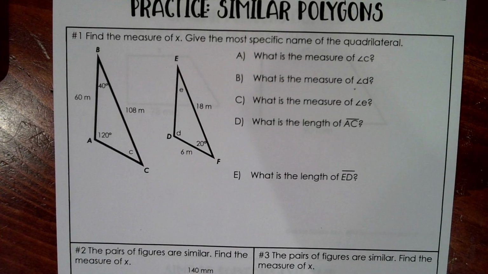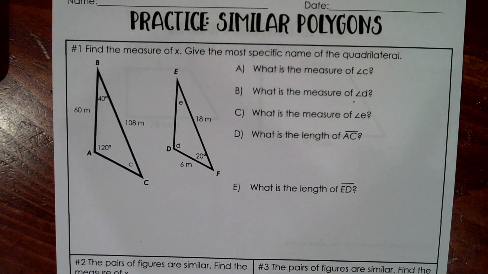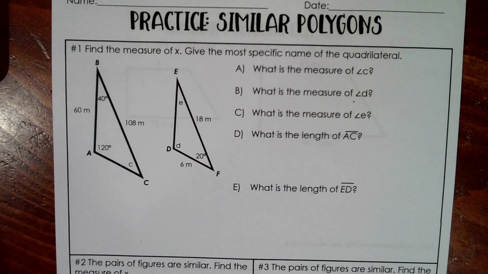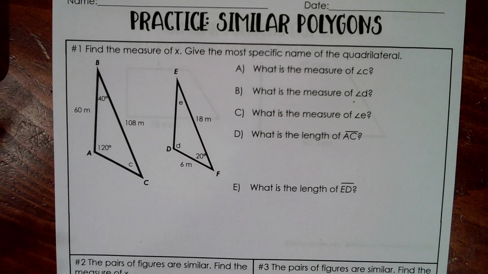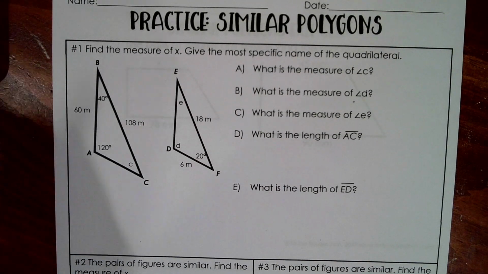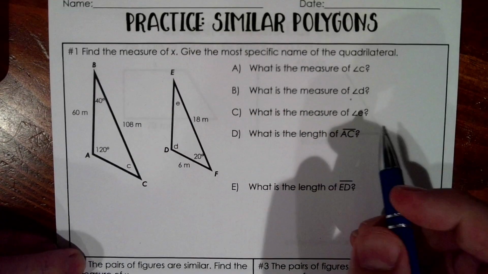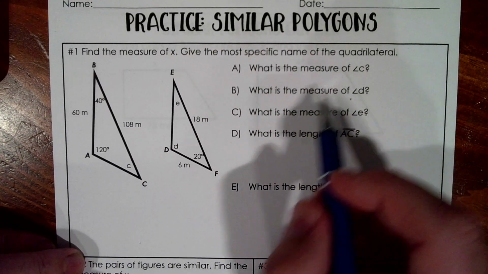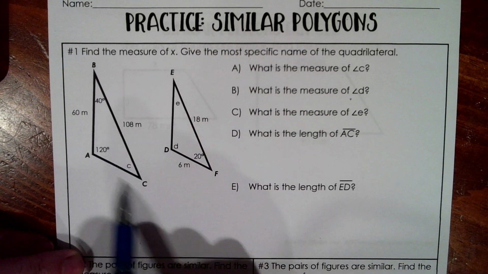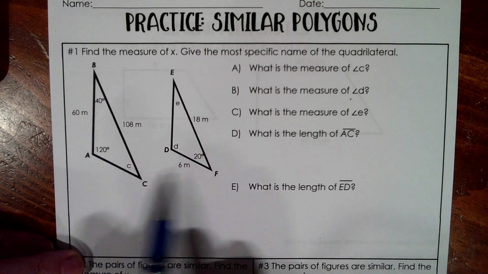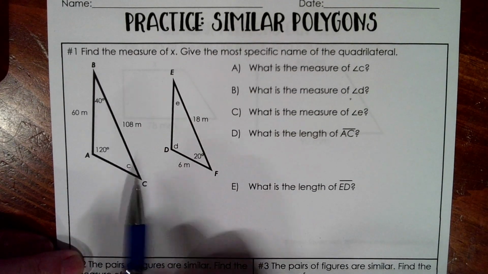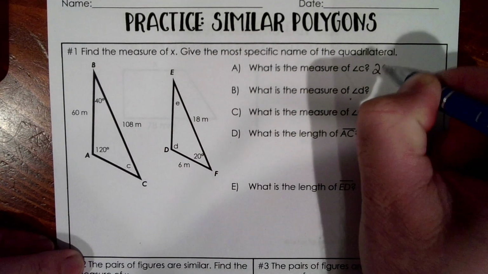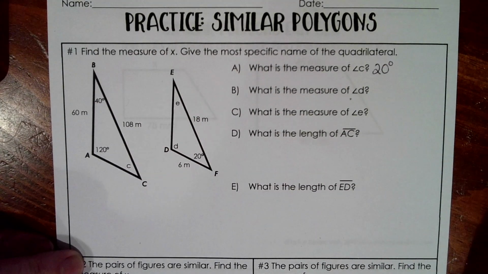Let's turn the page and look at the first example on the top. First we have to find the measure of angle C. Angle C corresponds with angle F, and angle F is 20 degrees, so angle C is also 20 degrees.